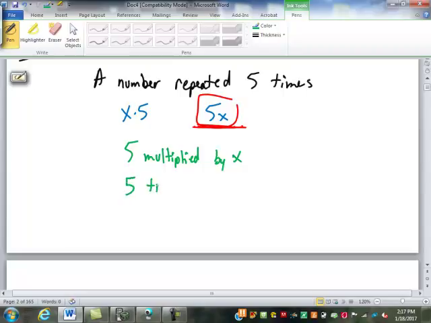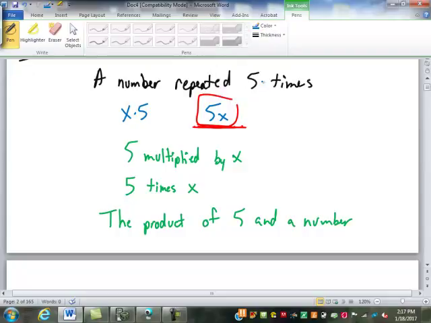There's the one that's so obvious you sometimes miss it. 5 times x. The product of 5 and a number or x, yep.